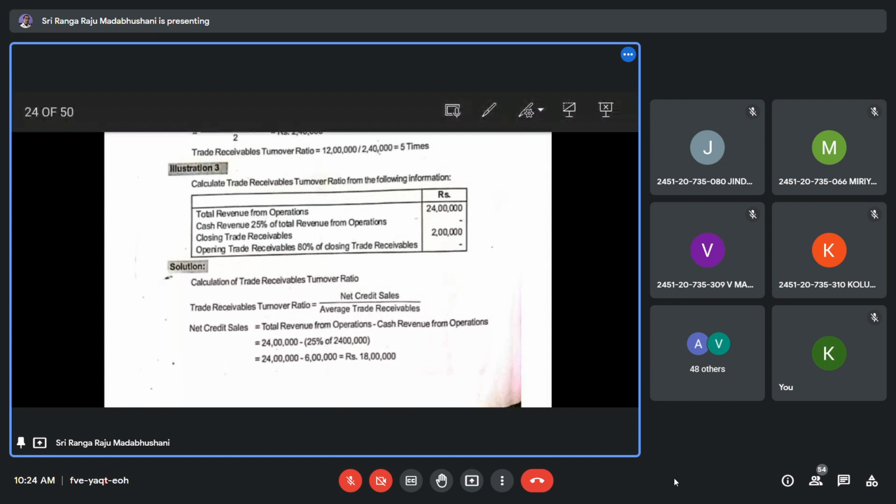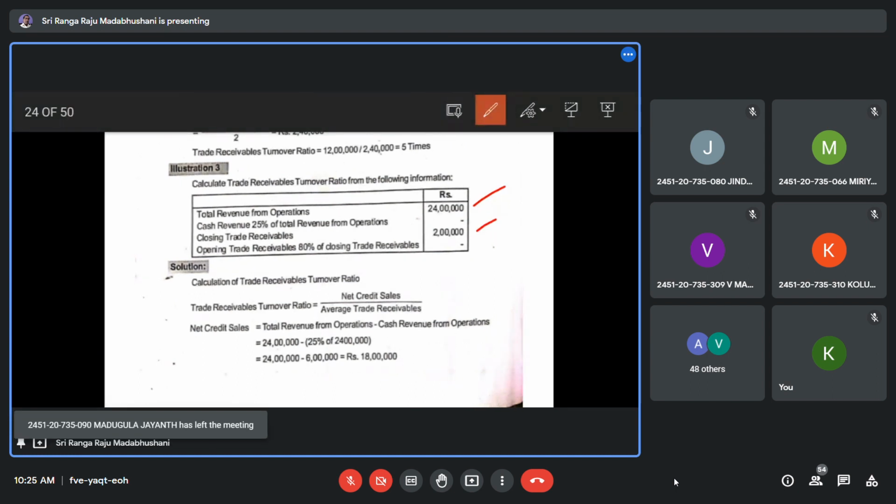Here total revenue from operation 24 lakhs, cash revenue 25% of the total revenue, and opening trade receivables 80% of closing trade receivables.